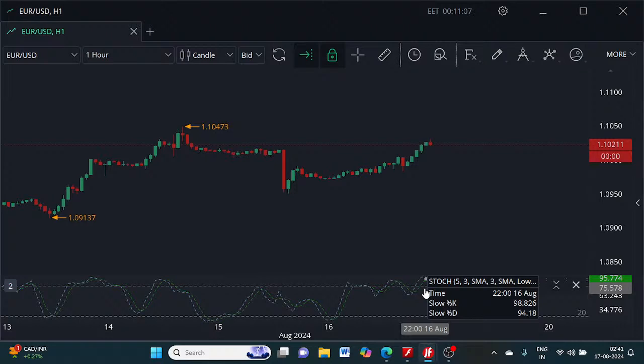For simple uses, the stochastic is going to be a fantastic indicator, but for defining and designing the algorithm, it is going to be a bit challenging.